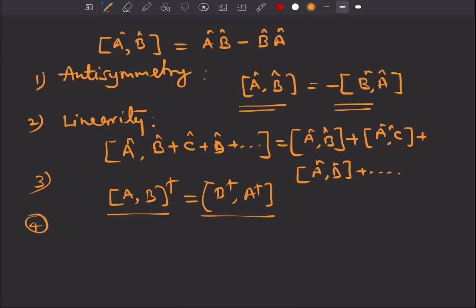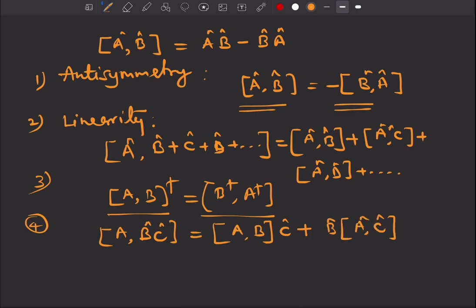Fourth, the distributive principle. So [A, BC] is equal to the commutation of A with B into C plus B commutation of A with C. That is, they follow the distributive principle.